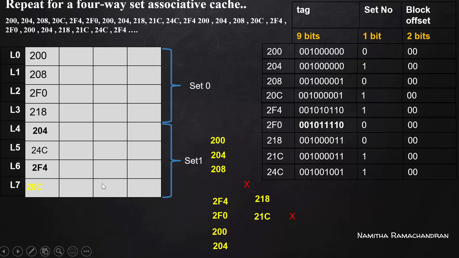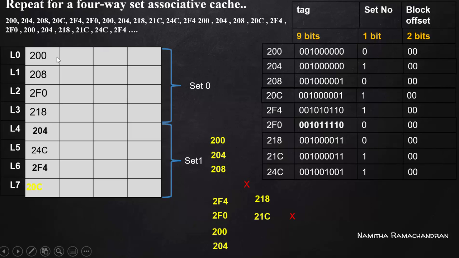Where we want to make the room, we want to free the particular line which is holding a word that is least recently used. For getting that least recently used address, we need to consider each and every address backward from this particular position. So in set number 1, the addresses available now are 204, 24C, 2F4, 20C. Among these, which one is the least recently used? 204 is most recently used.